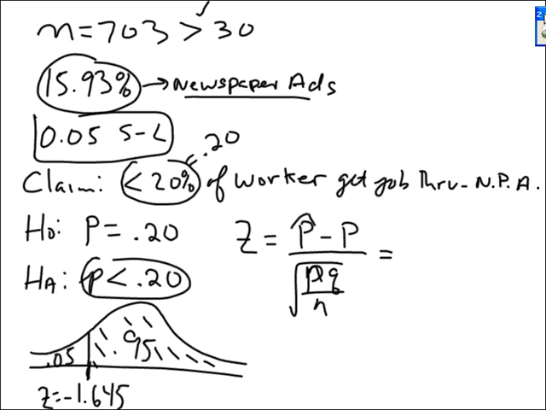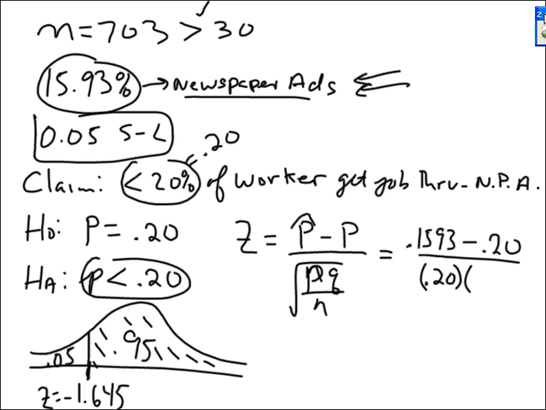P hat, they told us the proportion of the sample. It's right there. 15.93% of the people got their jobs from newspaper ads. 15.93 minus, they claim that for the whole population it is 20%. In the bottom you have P again, which is 0.20, times Q. Q is 1 minus P, 1 minus 0.2.